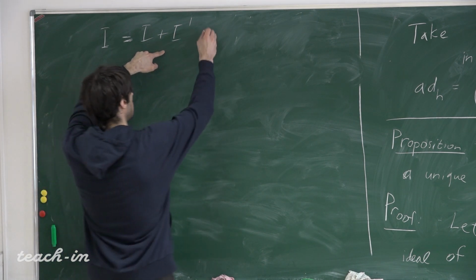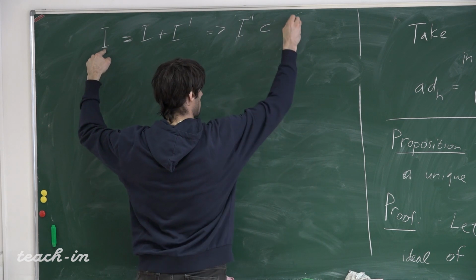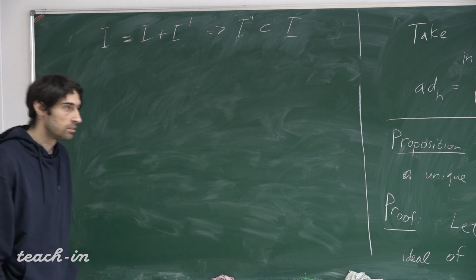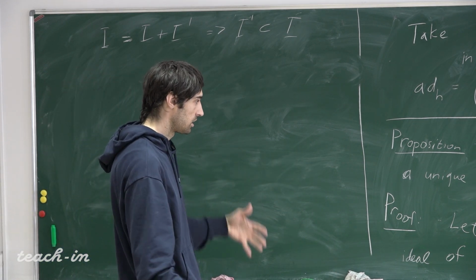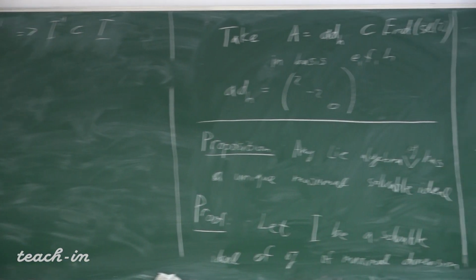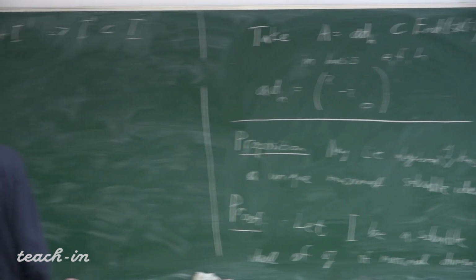So therefore, I prime sits inside this one, which is I. So we proved this. So we found an ideal that actually contains all other solvable ideals. Right?